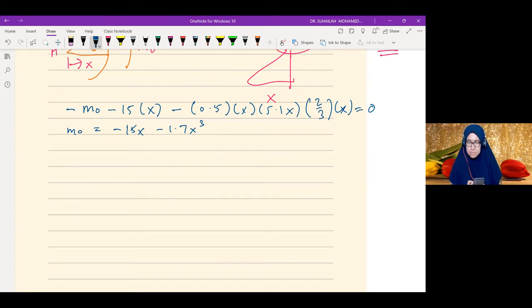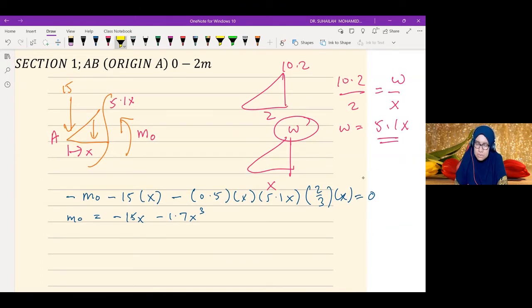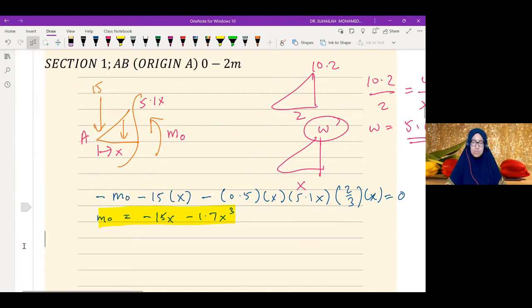This is for section number 1. Okay, so we continue to section number 2.